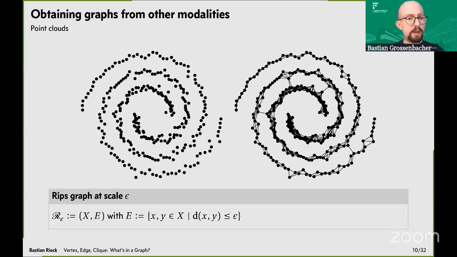This scale is a geometry-based parameter: if your points are within a distance of epsilon or less, then you connect them using an edge. Of course, technically speaking, this doesn't give you one graph, but a family of graphs, because you can vary that parameter, and it's a little bit unclear how to pick it. But people have created graphs with that paradigm in mind, and some of the datasets that we are still using make use of that paradigm.